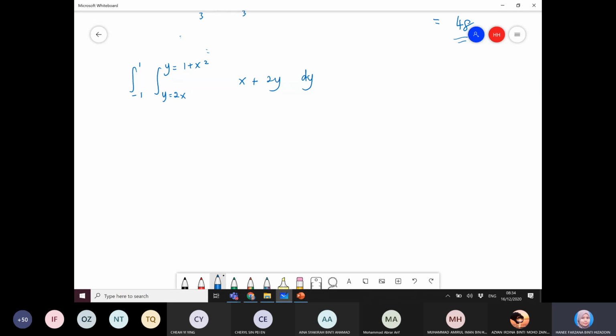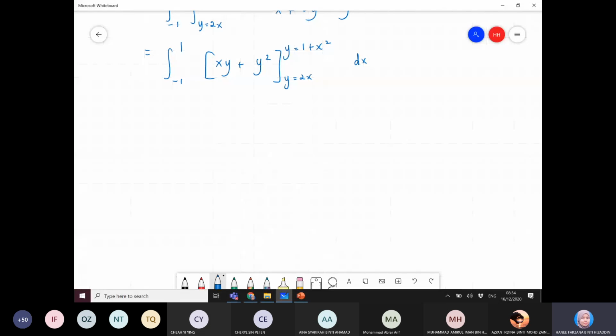You integrate with respect to y first, then with respect to x. Integrating with respect to y, you get xy plus y squared, evaluated from y equals 2x squared to y equals 1 plus x squared, dx.